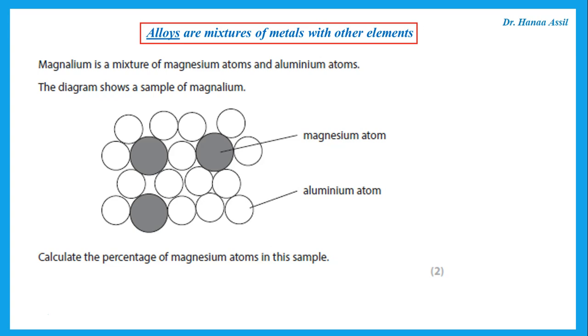This is an example of alloys, and remember that we said alloys are mixtures of metals with other elements, whether metals with other metals or with other things that are not metals. To get the percentage here, I have 3 atoms of magnesium over a total of 18 atoms times 100. That gives me the percent of magnesium in this alloy.